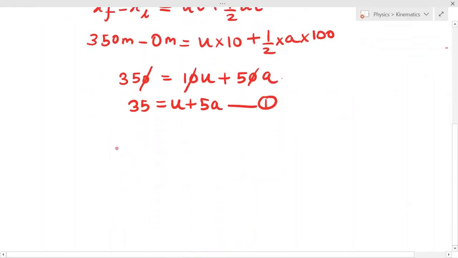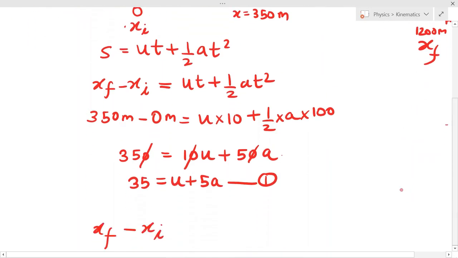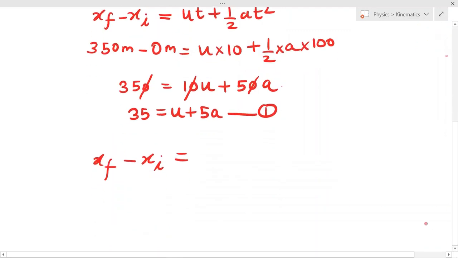Now consider this. If I take my final position minus initial position, let's say if my final position is this 1200 meter, now I am taking this as xf, and let's say xi is the same, that is the origin. So if I take it xf minus xi, this equals ut plus half at square. xf is now 1200.